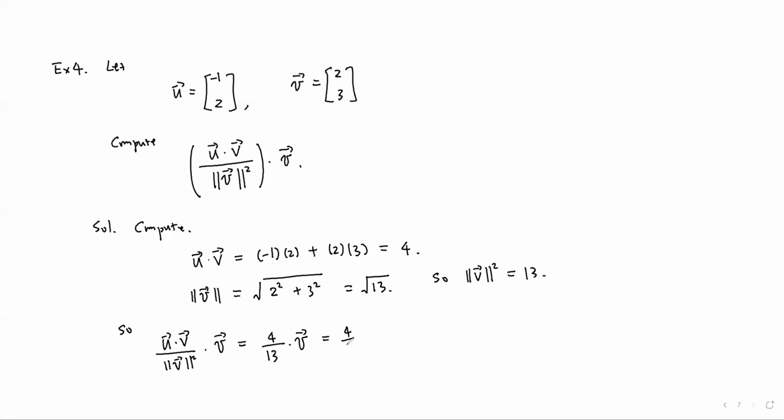Vector v is 2, 3. Now multiply this number to all the entries. We get 8 over 13, first entry. Then 4 over 13 times 3, 12 over 13. And yeah, this vector is this vector.